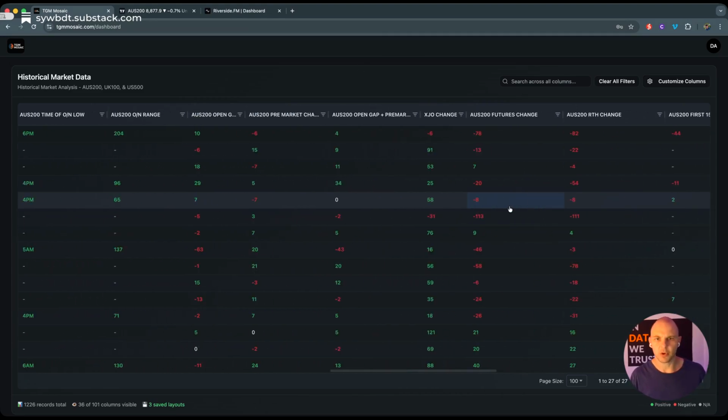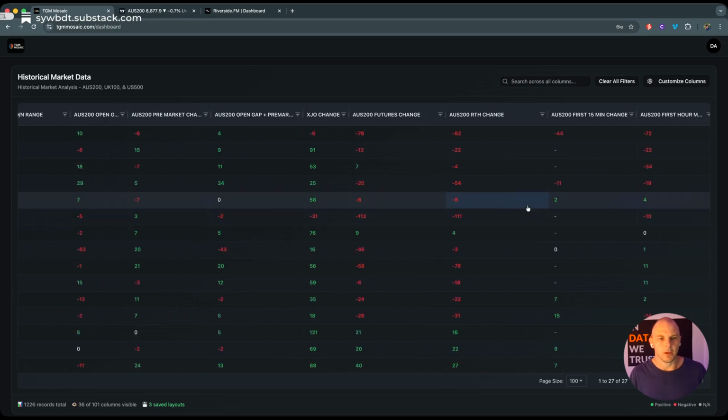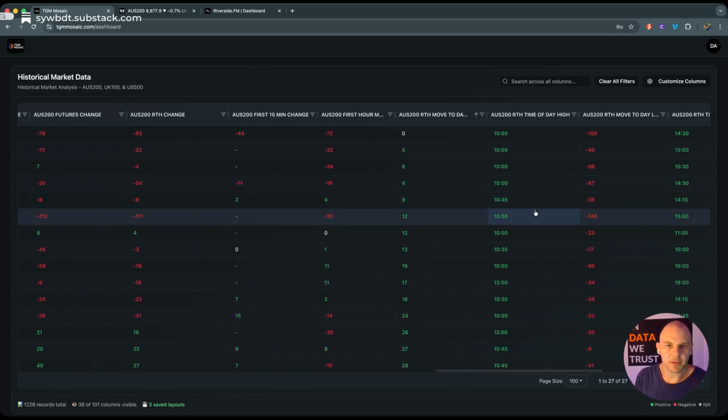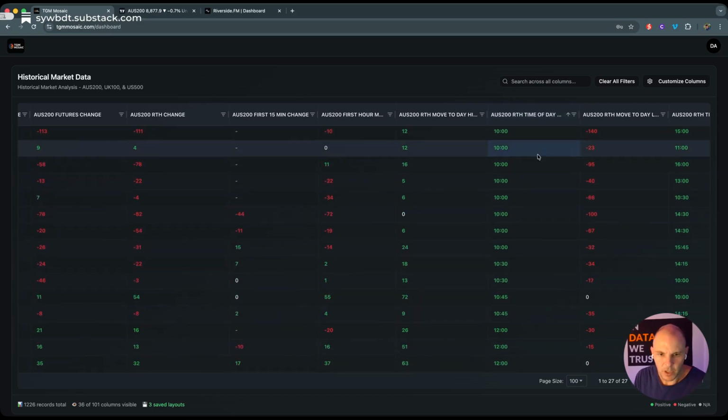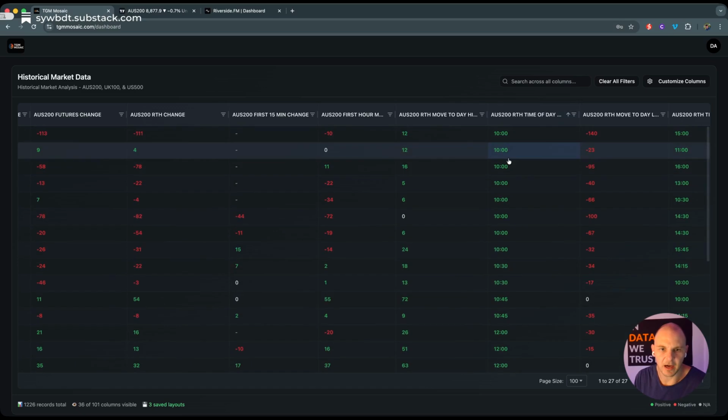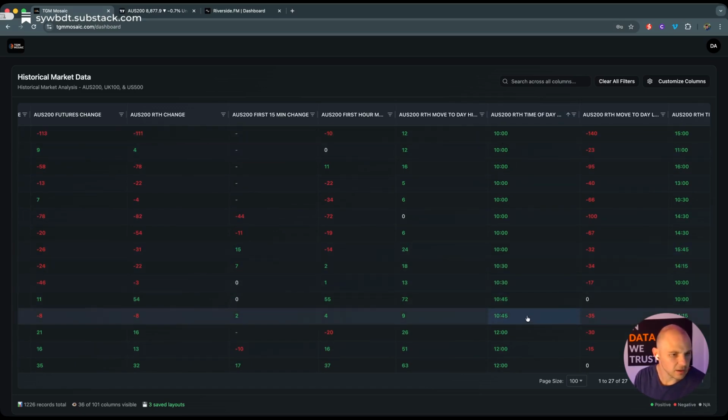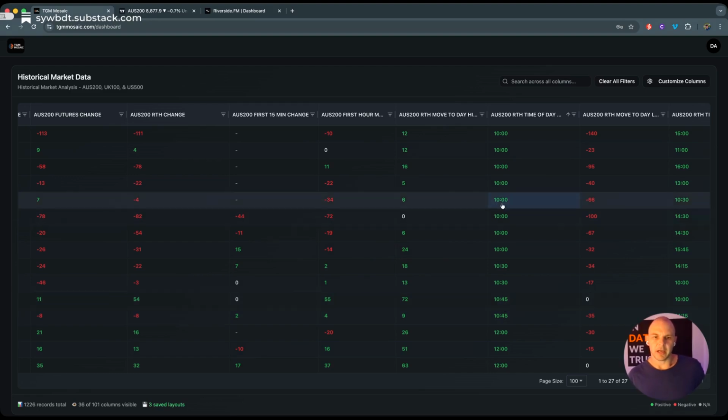Something that I'll pull out here is when you look at the time of day highs, you'll find that about half are in that first hour. You can see that never in the last 5 years have we found a top between 11 and 12 o'clock. So again, we've collapsed the prior day, we've rallied overnight.